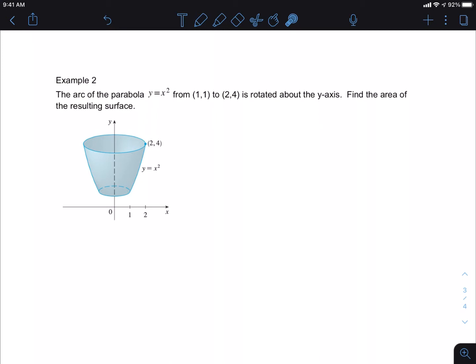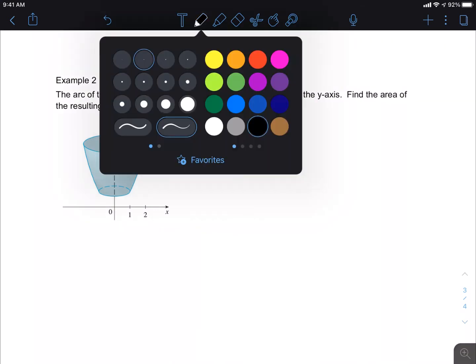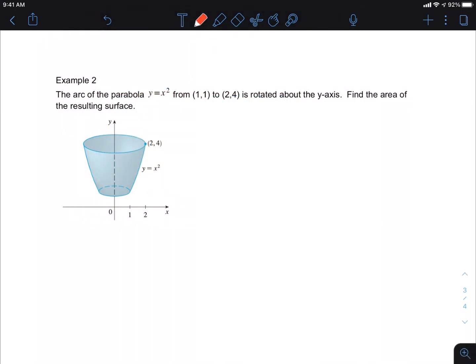So looking at this problem, the radius, because we always want to find the radius, is going to be, since the rotation is about the y-axis, this is my radius, correct? Yes. Okay, since that's my radius, shouldn't that be an x?